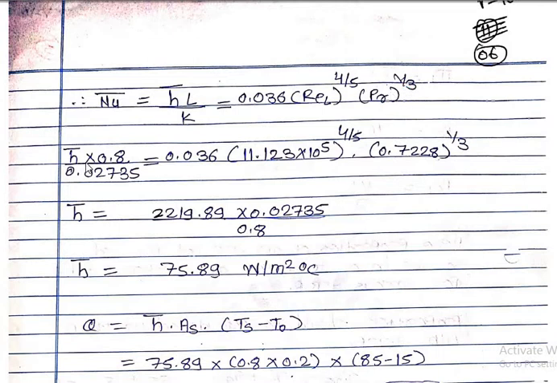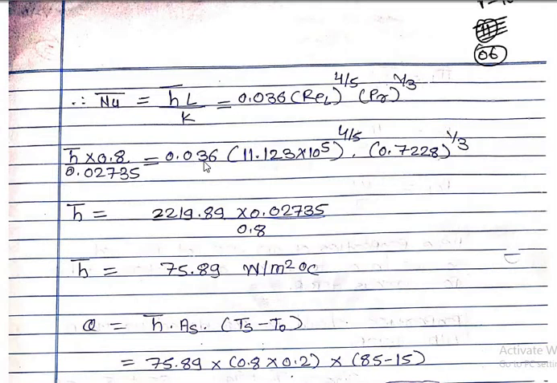Therefore Nu bar is equal to h bar L divided by k, equal to 0.036 average Reynolds number raised to 4 by 5 multiplied by Prandtl number raised to 1 by 3. Now we have to find the average heat transfer coefficient. We know the length of the crankcase is 0.8 and the thermal conductivity of air is 0.02735.